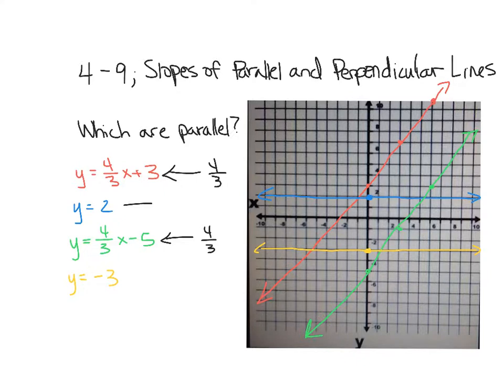These ones both have a slope of 0. And since they both have the same slope, they are also parallel. So you can easily look at the slope and tell which ones are parallel. I just made you go the long route of graphing because that's more fun for me.